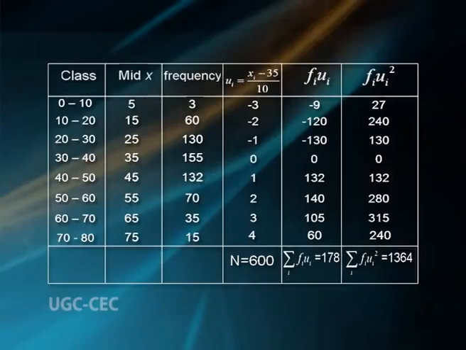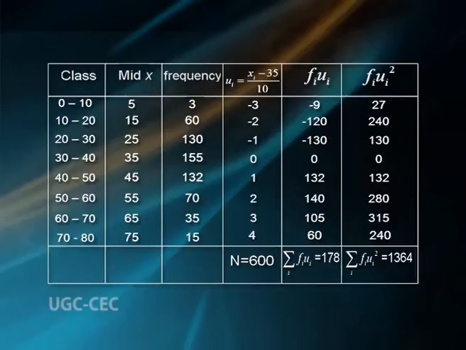The calculations are as follows: classes 0 to 10, 10 to 20, 20 to 30, 30 to 40, 40 to 50, 50 to 60, 60 to 70 and 70 to 80. The mid values of the classes, x values, 5, 15, 25, 35, 45, 55, 65 and 75.